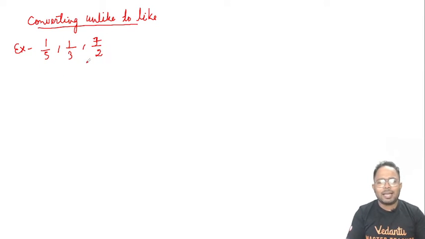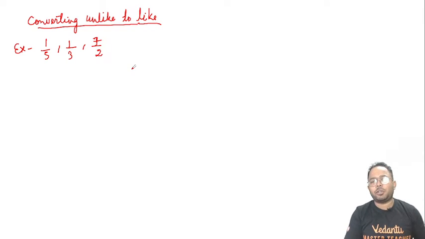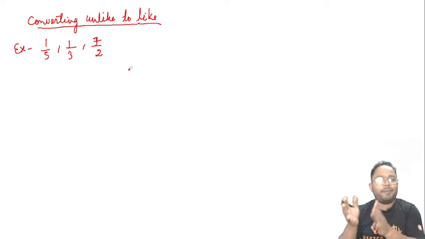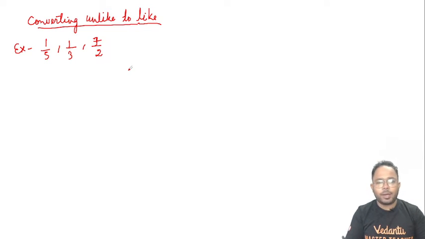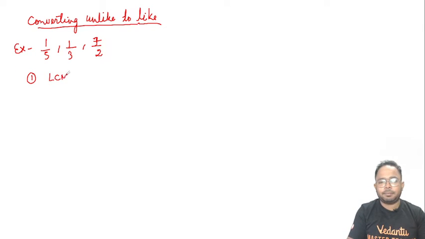What we find is, we are finding the denominators being different: 5, 3, 2. What we need to do is, we need to convert them into like fractions. That means we need to make the denominator same for all. How we can do that? So first of all, the first step is to take LCM.